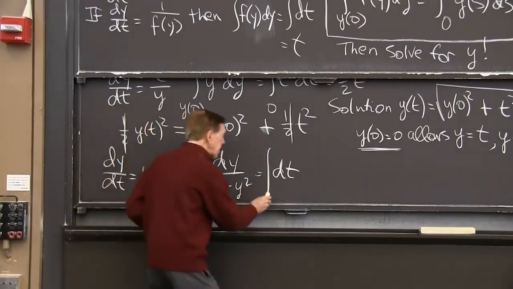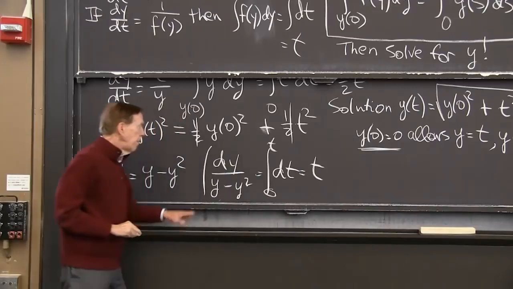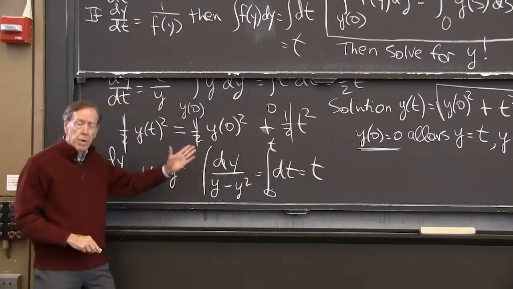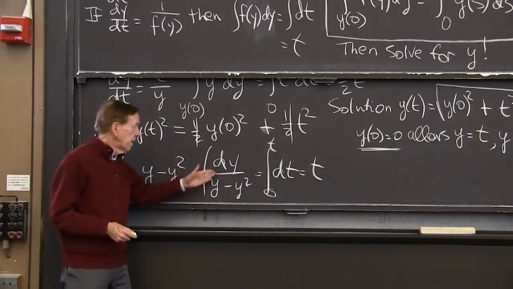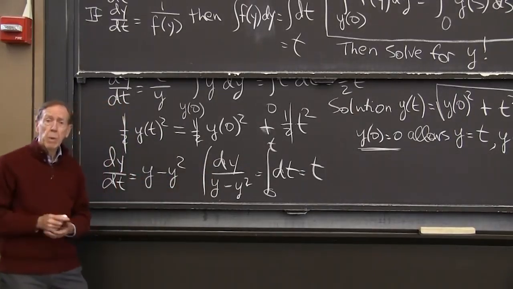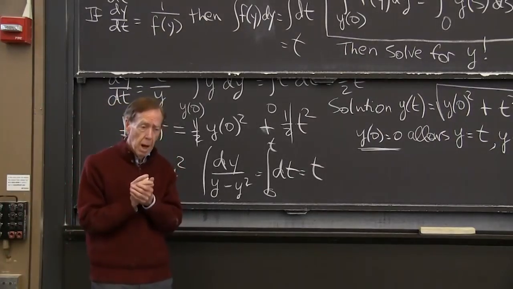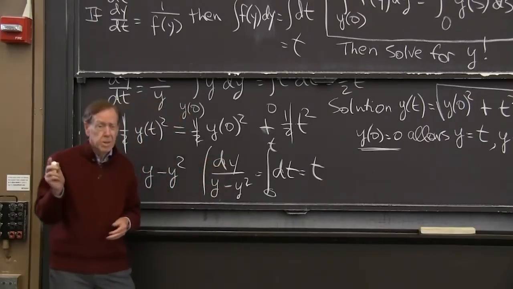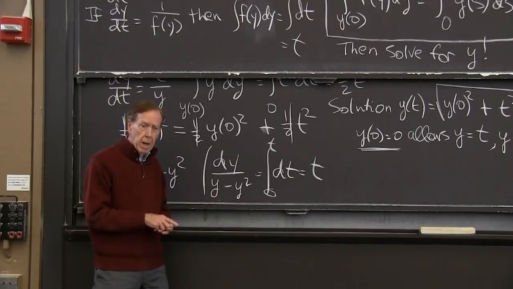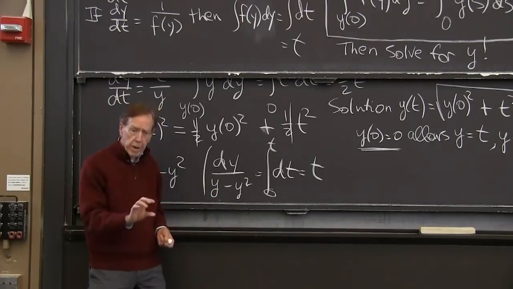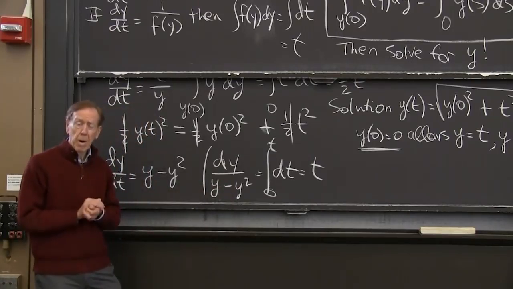Now, integrating the right-hand side is, of course, a picnic. I get t. But integrating the left-hand side, I have to either know how or look up or figure out the integral of 1 over y minus y squared. So let me just make a little comment about integrating, because examples often have this problem. Integrating when there's a polynomial like a quadratic in the denominator.